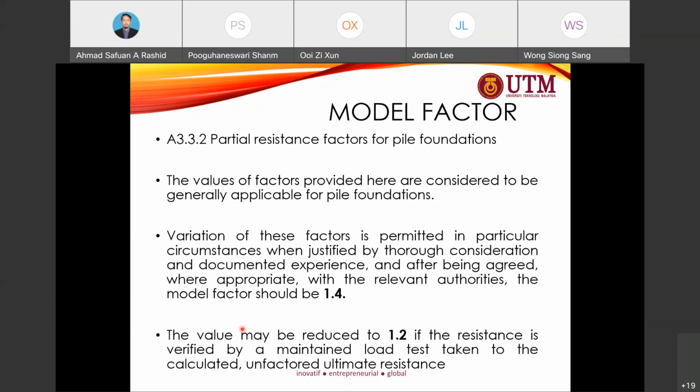The factor should be 1.4, and then 1.2 is used when we carry out a maintained load test. This is based on experience and justification from the true field test, so they apply the model factor.